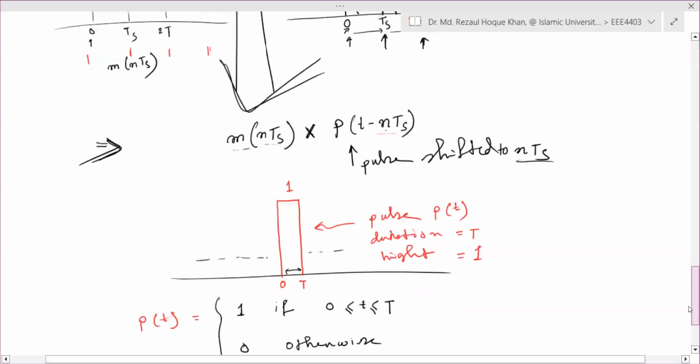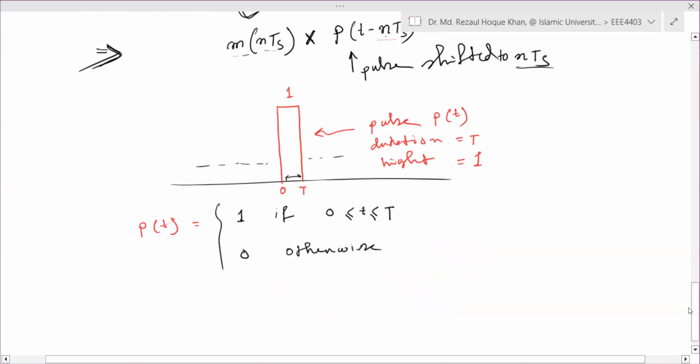Instead of impulses, we have pulses. If we compare to the previous case, the impulse is replaced by the pulses, right?